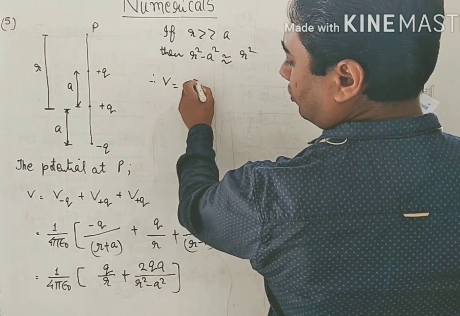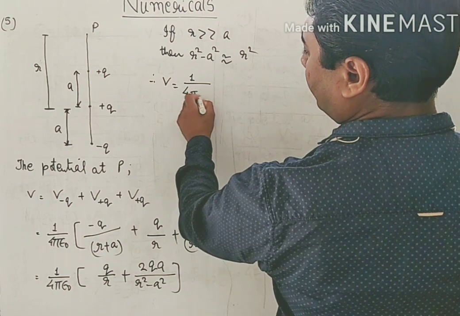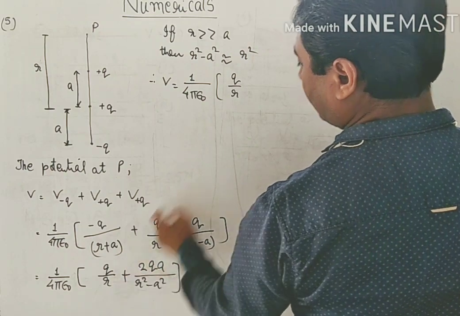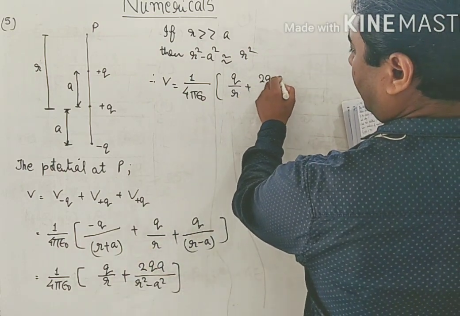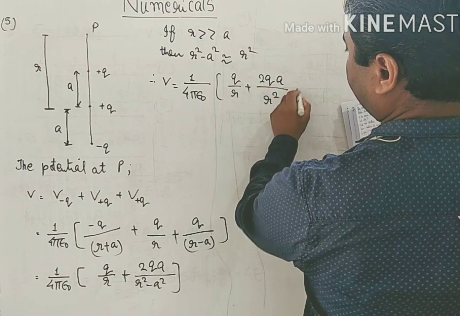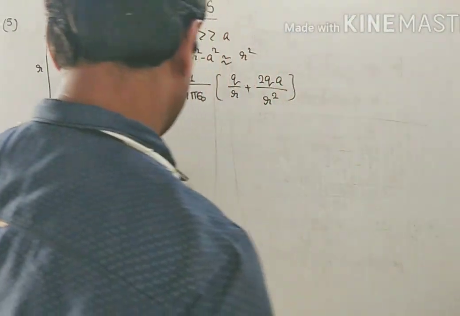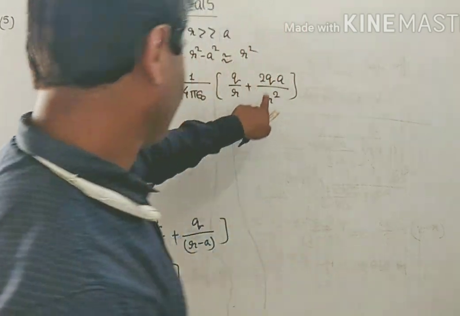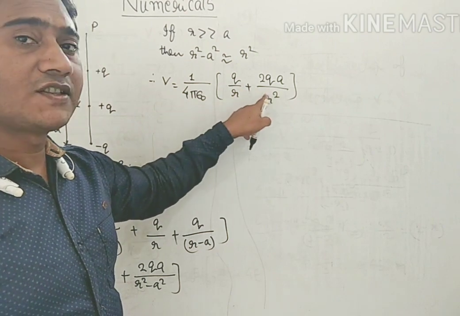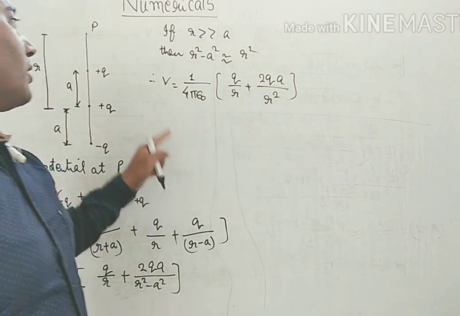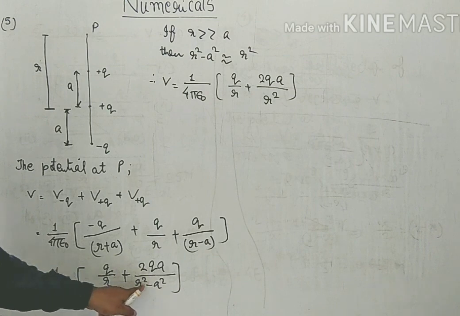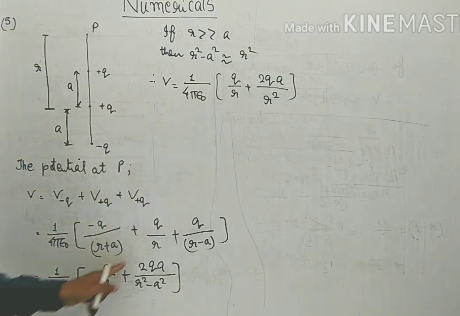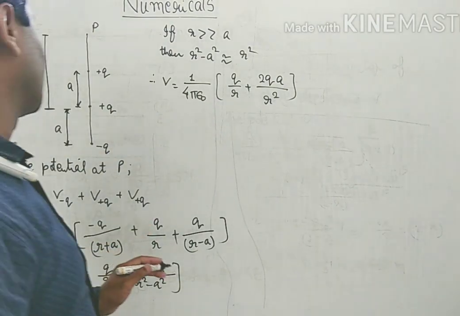Therefore the modified potential expression would be 1 upon 4 pi epsilon naught times Q upon R, plus 2QA upon R square. This would be your final answer. A square is neglected and only R square remains, the numerator remains as it is, and the first term has no change at all. So this is the final outcome.